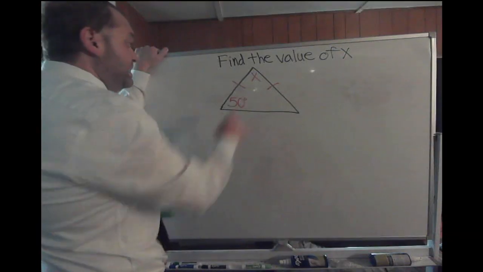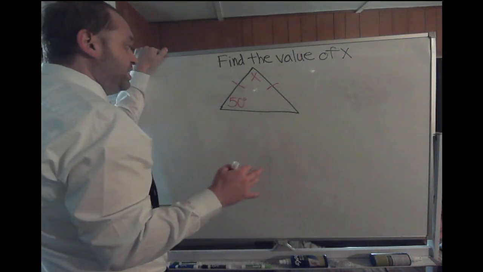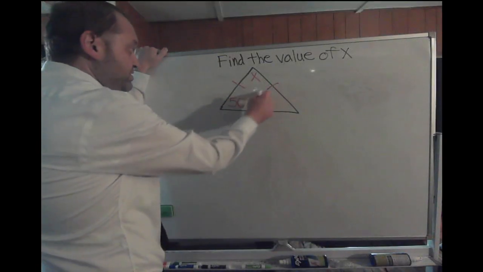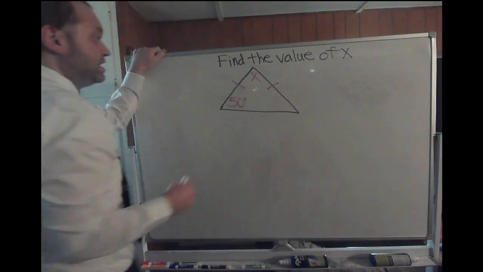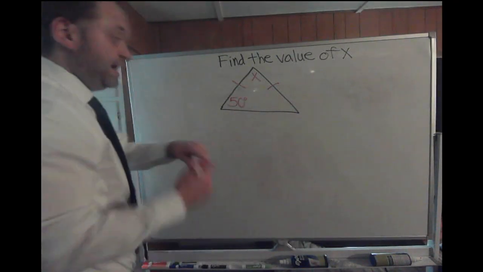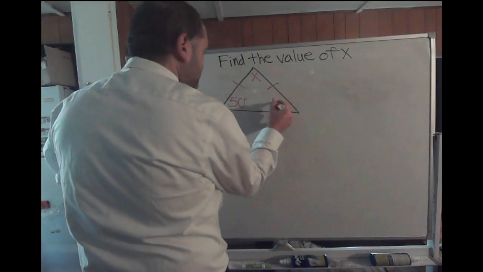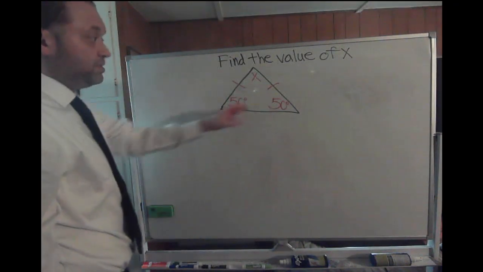Well, we need to solve for x, but in an isosceles triangle, we have these two sides congruent, so wouldn't the angles opposite these sides be congruent? If this angle is 50 degrees, that means this angle also has to be 50 degrees. Right? Well, 50 plus 50 is 100.